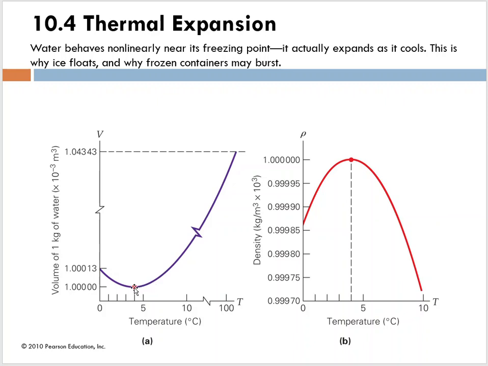Then all of a sudden, at that temperature, as the temperature still decreases, the volume increases. So the density goes down. Up until 4 degrees Celsius, all of a sudden you notice that the density starts to decrease for water, and that means that once it gets to ice, it's going to be floating because it has a density that is less than water.